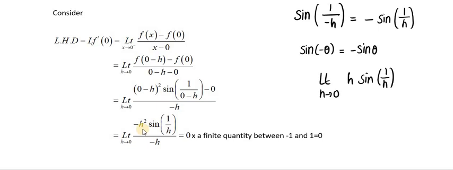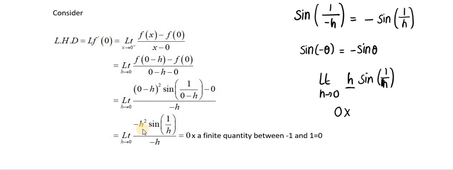In this expression, I am going to substitute h equal to 0. So, here we have h, so 0 into this is an angle.